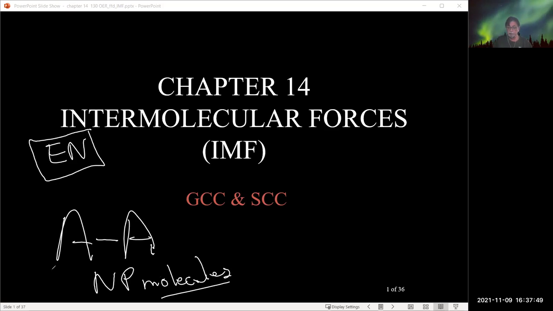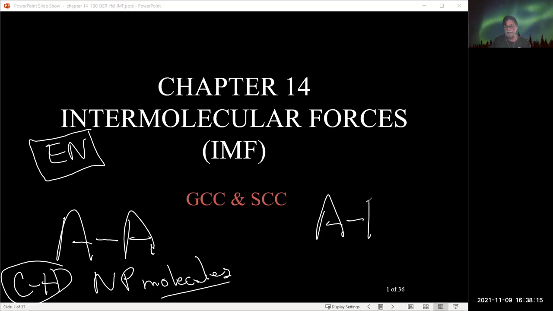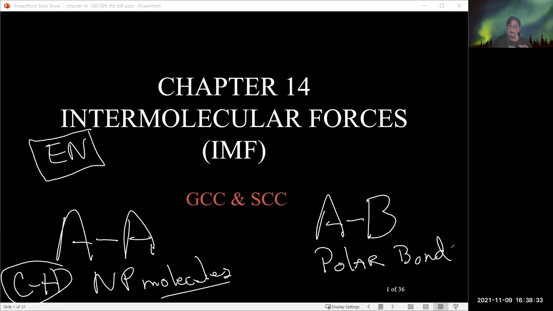The other example of a nonpolar molecule, recall, is the carbon-hydrogen bond. Even though they're different atoms, because the electronegativity of carbon and hydrogen is essentially the same, we treat it as a nonpolar bond. Now, when you have A bonded to B, which is a totally different element, without question, you have a polar bond, because now you have unequal sharing of that bond between A and B, because there's a difference in electronegativity.